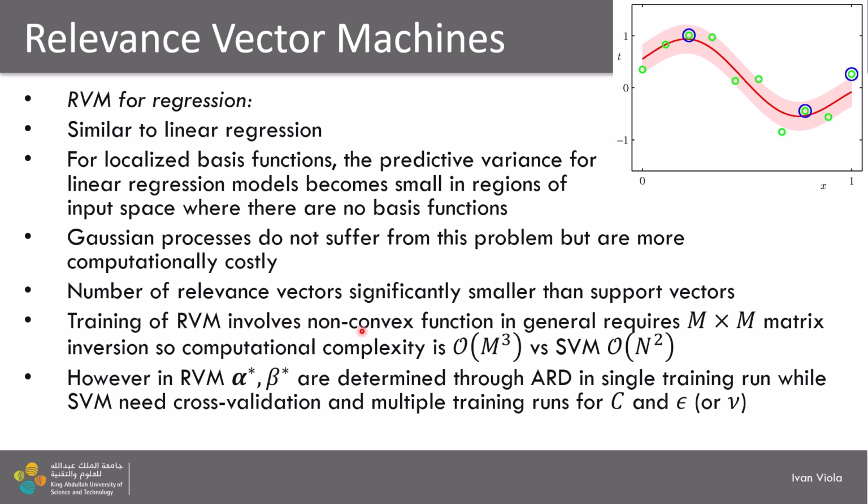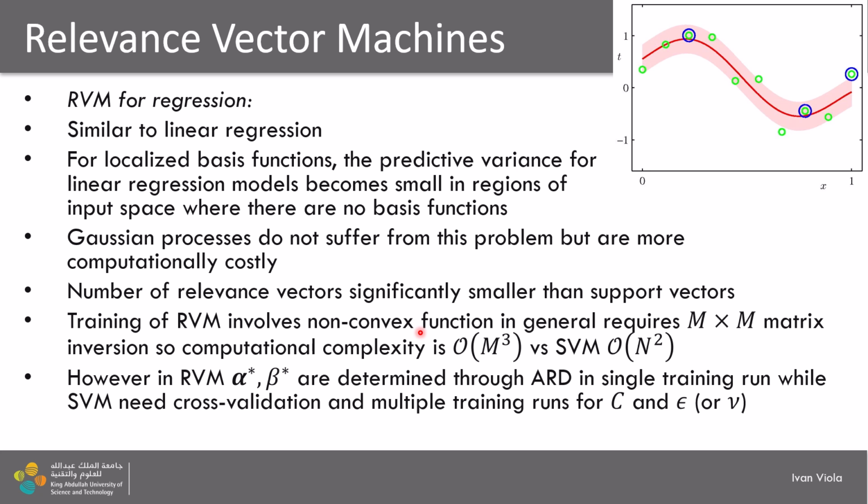We have seen that when we are estimating the alpha vector, this non-convex representation is manifested through the fact that we have to iteratively re-estimate these hyperparameters in order to maximize the marginal likelihood.